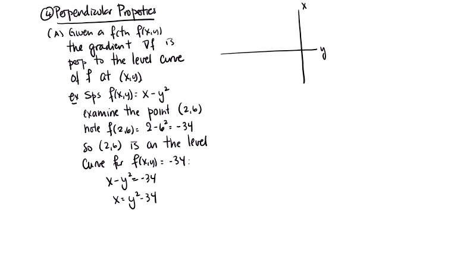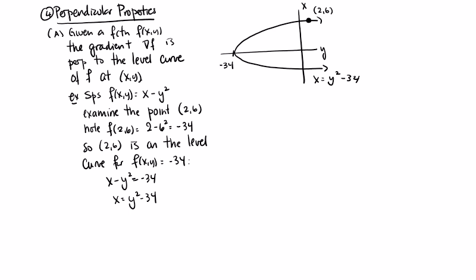Right, so it looks like this. This is down at negative 34. This is x equals y squared minus 34. And the point 2, 6 is right here. That's our point.